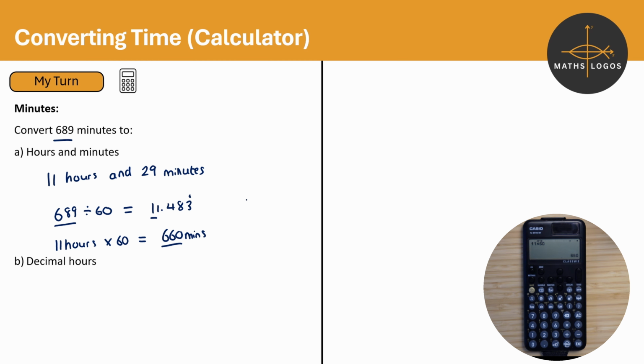So I would do 689 take away 660, and that would give me an answer of 29. So in other words, this 11.483 recurring is 11 hours, that's your 660 minutes, with 29 minutes left over. It gives us that same answer we got the other way.